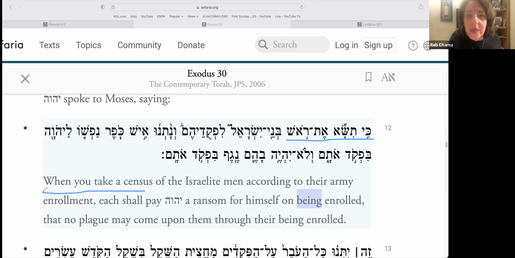And so usually we look at this: when you take a census of the Israelite men according to their army enrollment, each shall pay the Lord a ransom for himself of being enrolled, that no plague would come upon them through being enrolled. I don't love that translation, by the way.